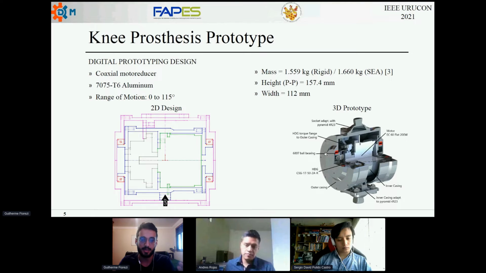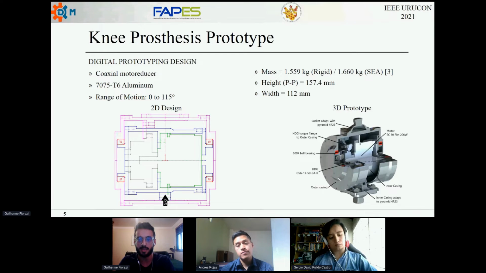As a result, we have a range of motion of the prototype from 0 to 115 degrees of flexion, and a mass of 559 grams as a rigid actuator, but it can also be used as a series elastic actuator, which increases its weight to 1.66 kilograms.